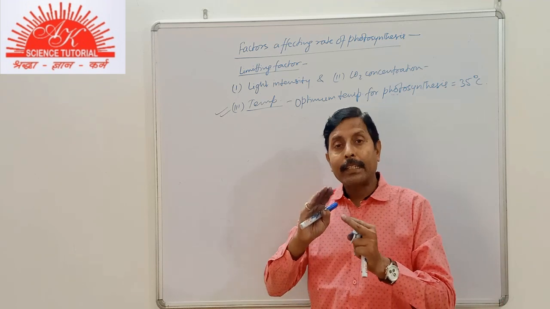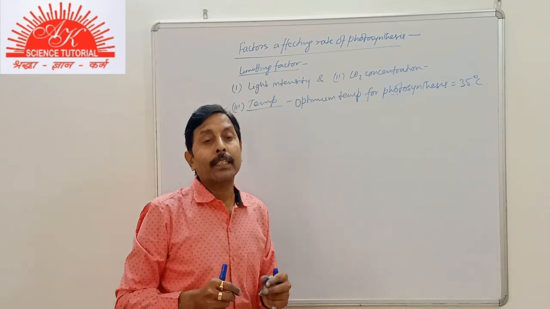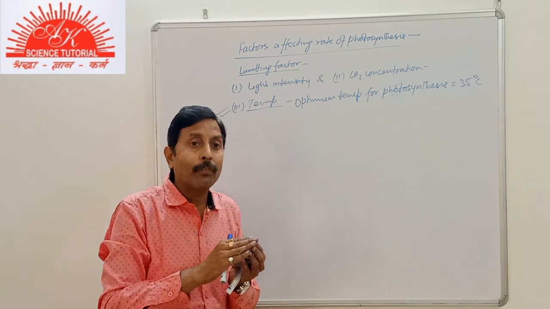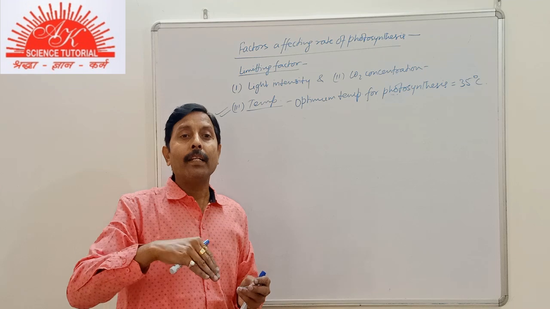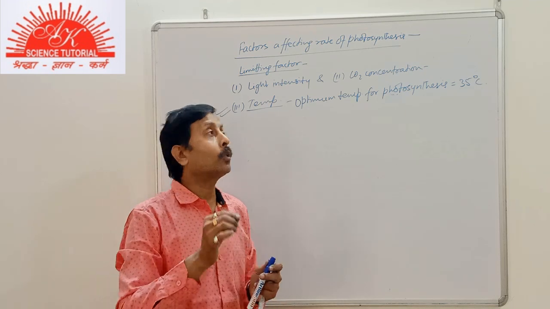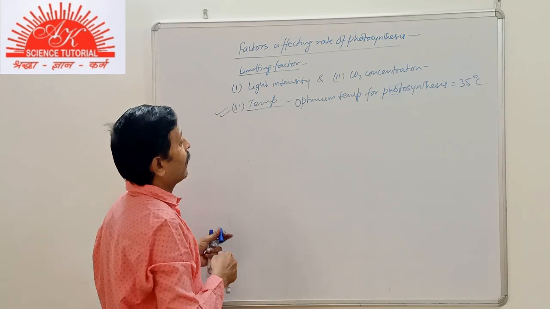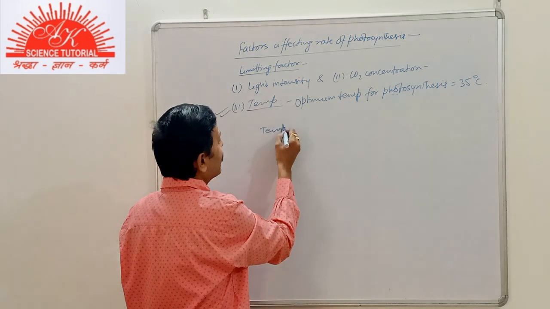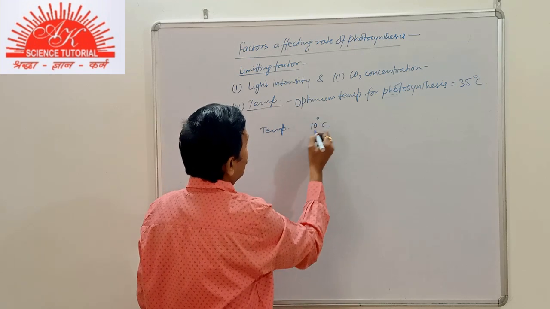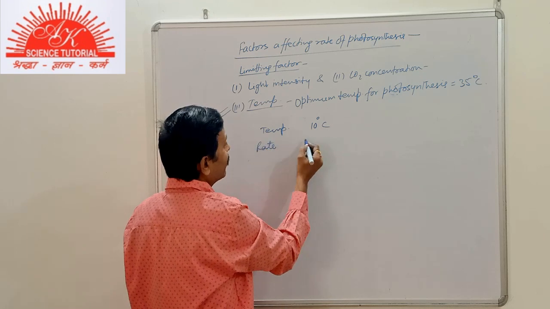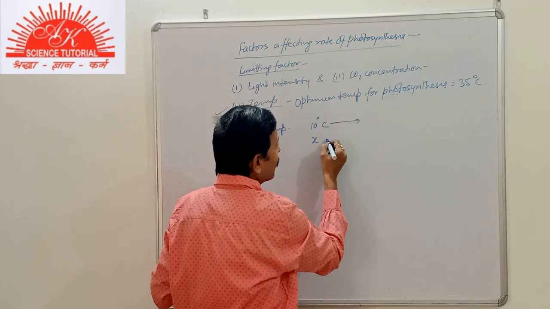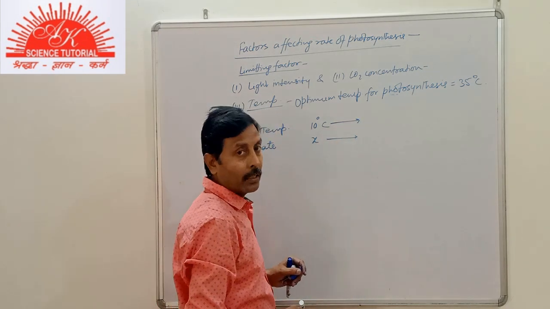Now you see that below 35 degrees Celsius, the rate of photosynthesis increases and it gets doubled to its initial value for every 10 degrees Celsius rise in temperature. For example, suppose we start photosynthesis at temperature 10 degrees Celsius and the rate of photosynthesis is X. As the temperature rises, the rate of photosynthesis also starts to increase.